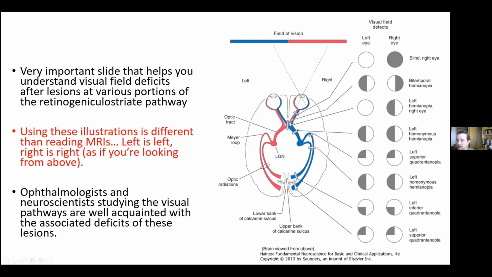All the way to the visual cortex, where you'll see quadrant deficits at this point, because remember, not only do you have left and right crossed fibers of hemifield information, you also have up and down crossing. So right is left, left is right, up is down, and down is up.